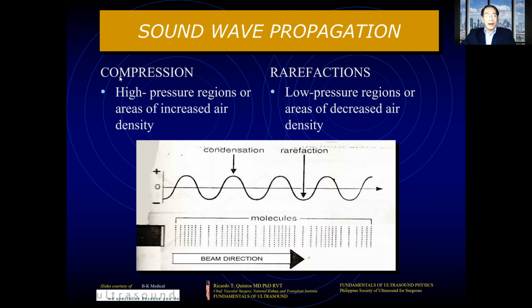The rarefaction segments are the low pressure regions or areas of decreased air or medium molecular density. If you have a series of compressions and rarefactions, then you will have a wave that is propagated throughout the medium in a particular direction.